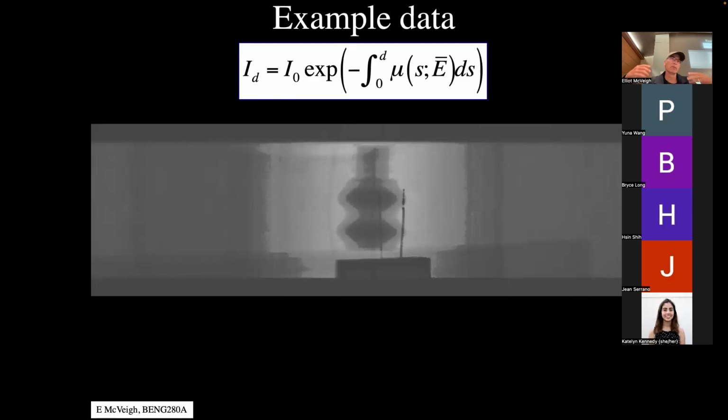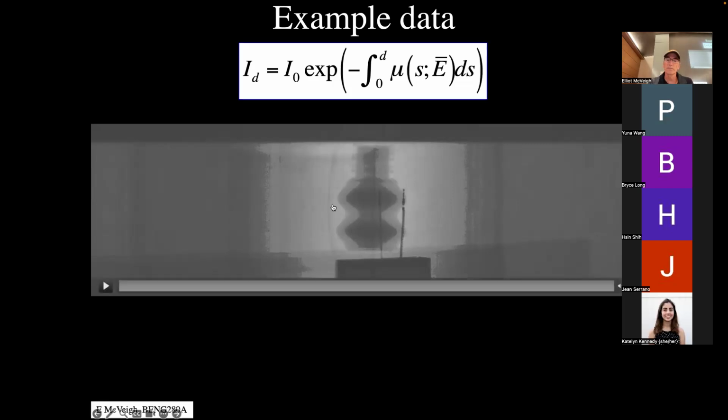I can measure those for a substance. I can say, what is the mu value of water? I can measure it. What is the mu value of fat? What is the mu value of muscle? What is it of cortical bone? So I have all of those mu values. Those have absolute physical meaning. They are in a catalog at the National Institute of Standards. And so GD is the sum of those mu values across the projection line. That's its physical meaning.